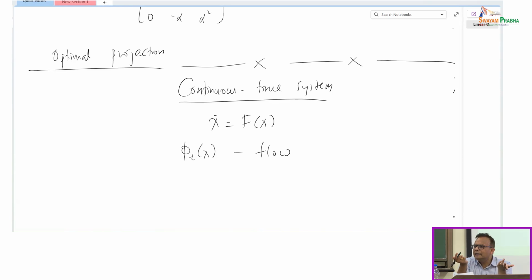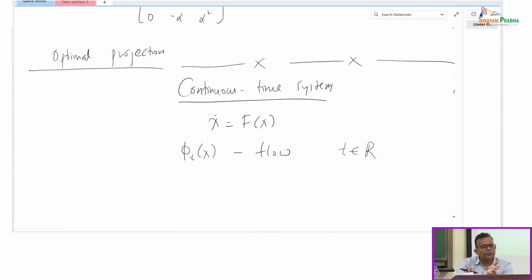What value can t take? In the ODE, t can take any value, t belongs to R. That's why it's called a group. It can take both positive and negative time. You can go both forward as well as backward, t belongs to R.